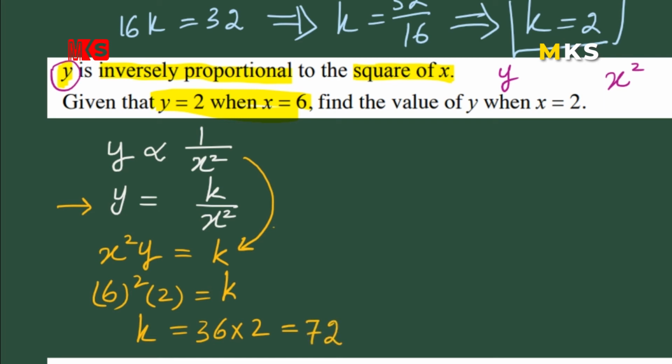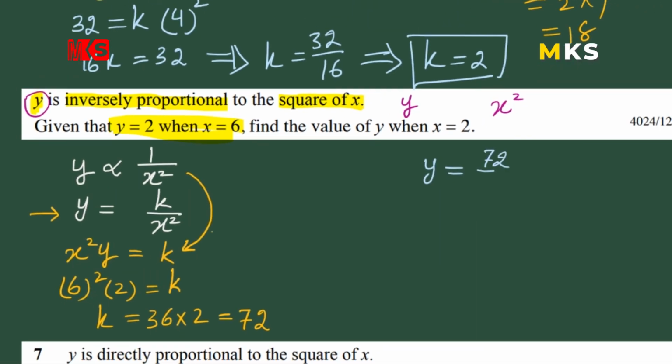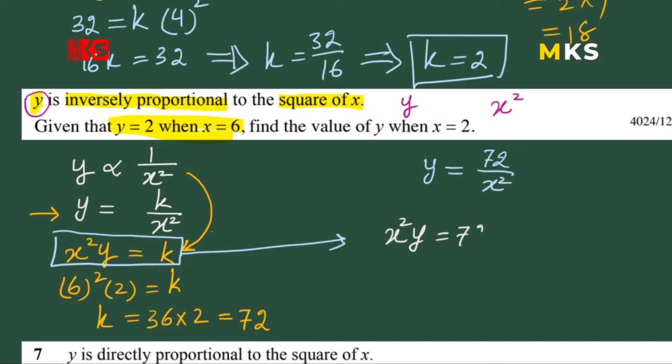So the formula will become y is equal to 72 over x square. Or if you are using the second approach, the product of both given quantities is equal to the constant, then your formula will become x square y is equal to 72.